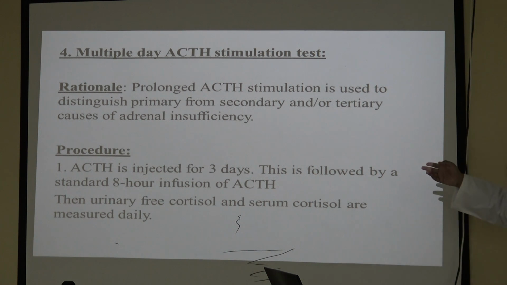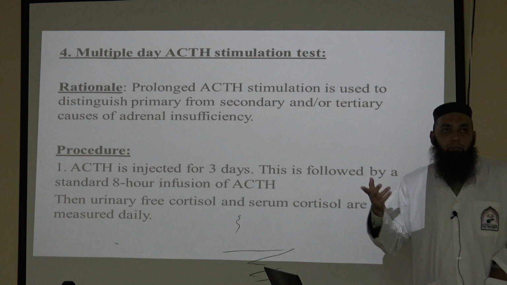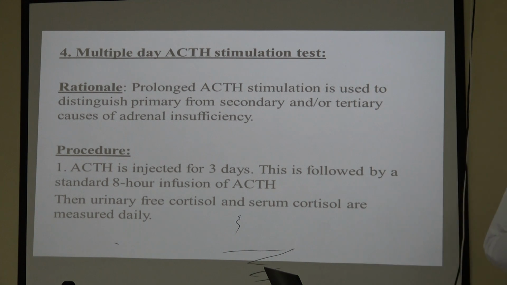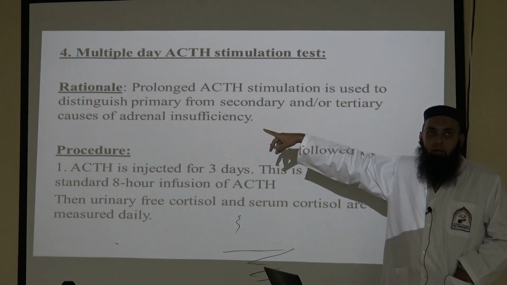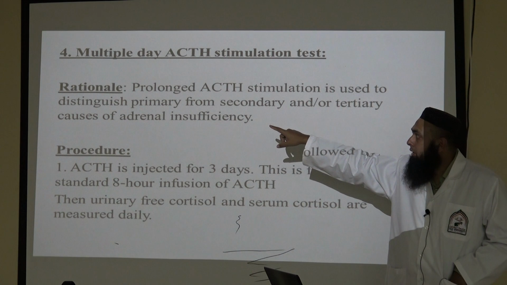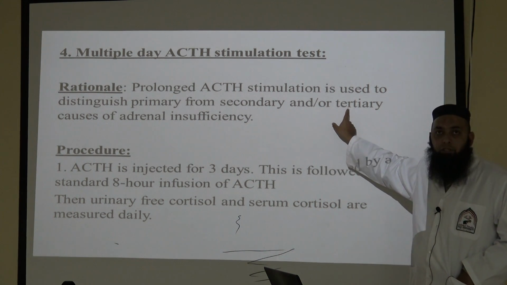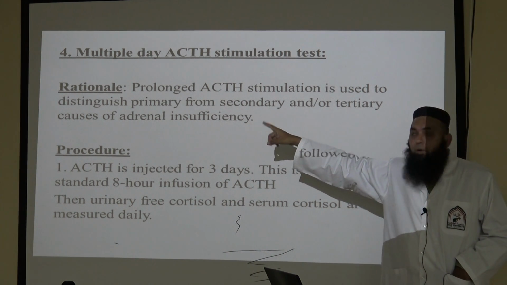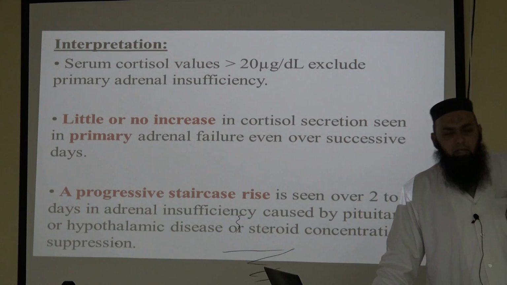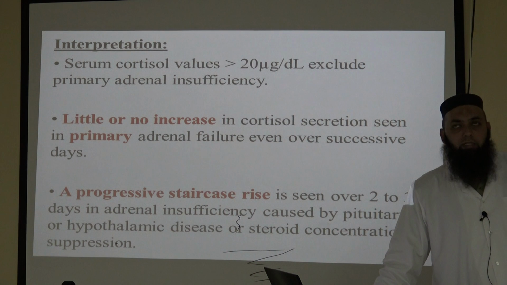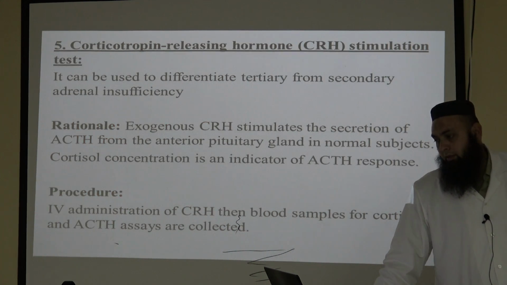If it's not going high, where is the problem? After giving ACTH, the adrenal is the problem. If it's going high, it means there is a secondary or tertiary problem. If it's not going high, it is primary. So you can differentiate primary from secondary and tertiary. The same rationale is repeating.